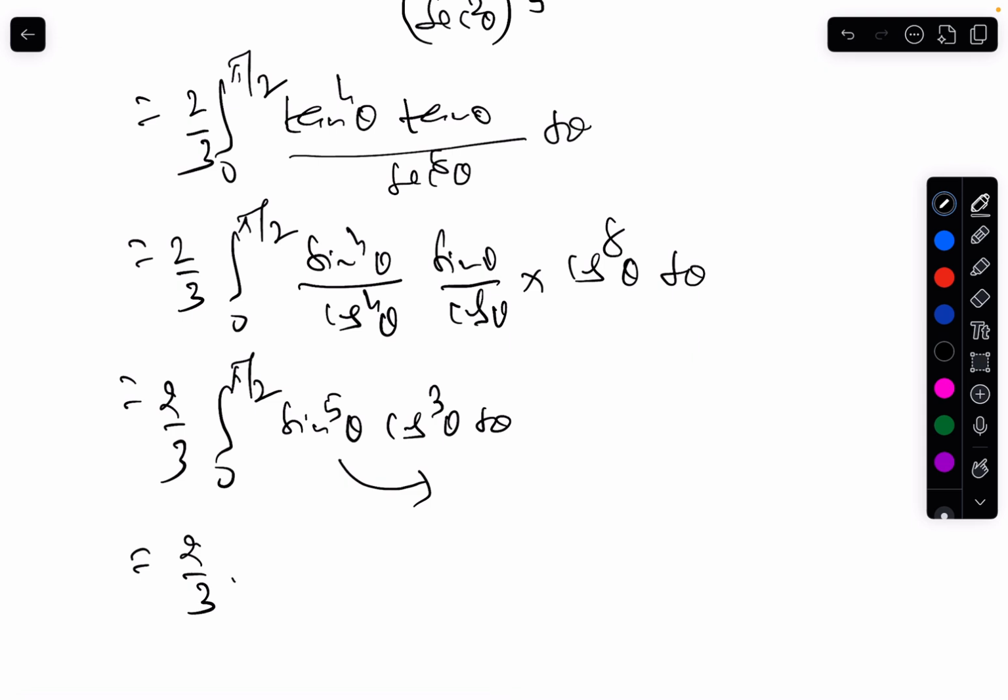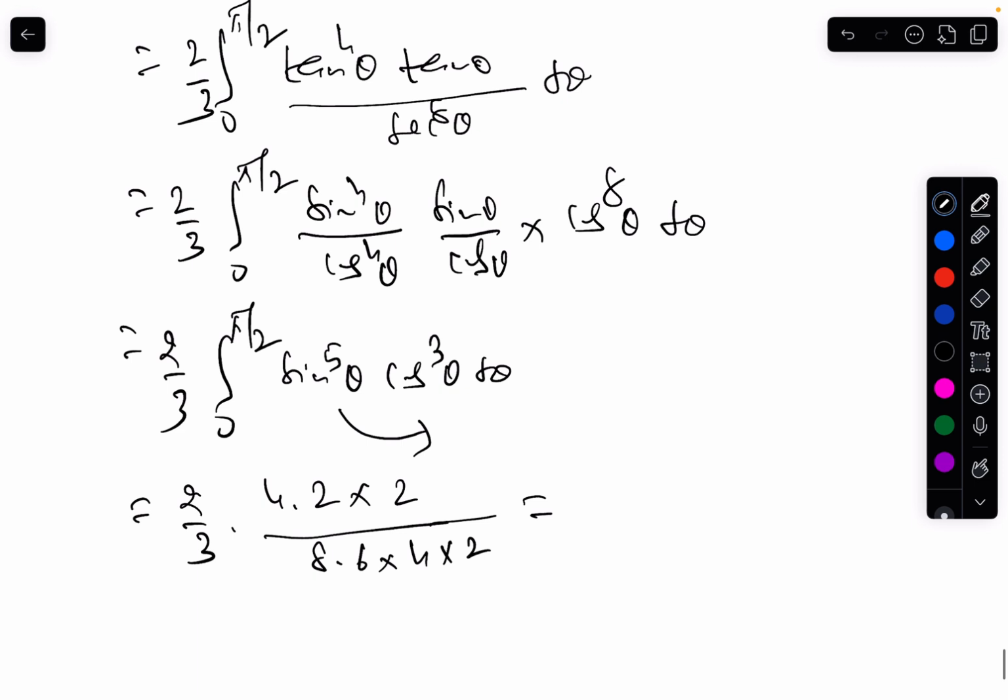So 2 by 3, this is 4, 2, this is 2, 8, 6, 4, 2. And simplify, whatever is there is the answer.